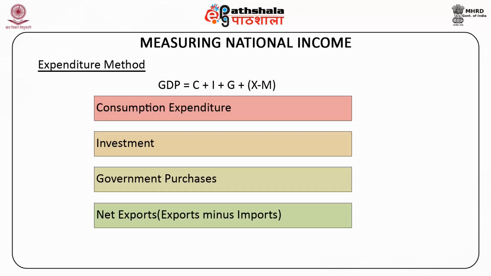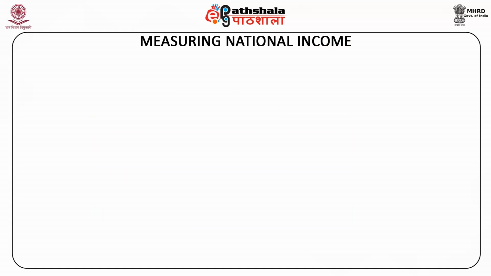One could also look at GDP from the incomes earned by the different factors of production. This leads to the third method of calculating GDP, which is the income method. GDP is the sum of all factor earnings made from the current production of goods and services, including profits earned by the producers and taxes paid to the government.